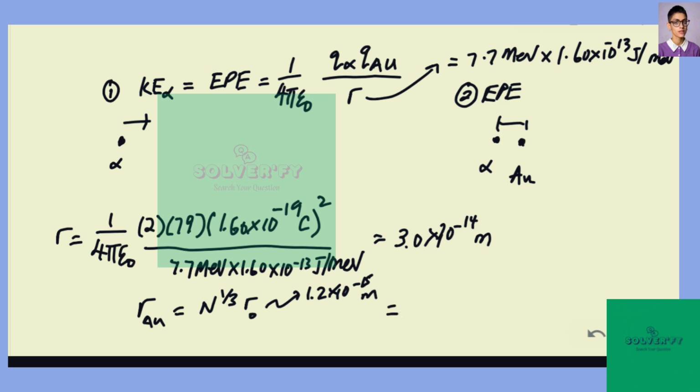Just an estimate. So there will be 197 to the power of 1/3 times 1.2 times 10 to the power minus 15.